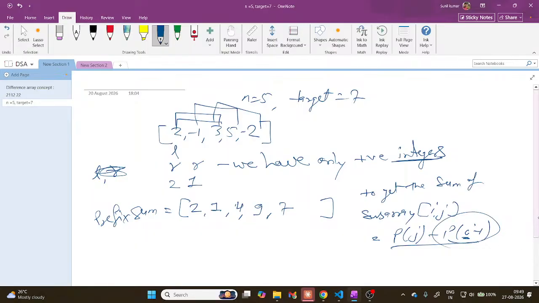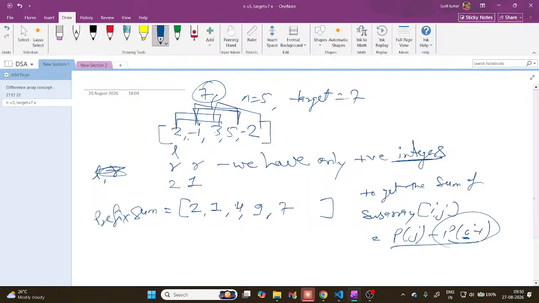So if I want to get the sum of this subarray, what should be its sum? 5 plus 3 minus 1 is 7, so 7 should be there.